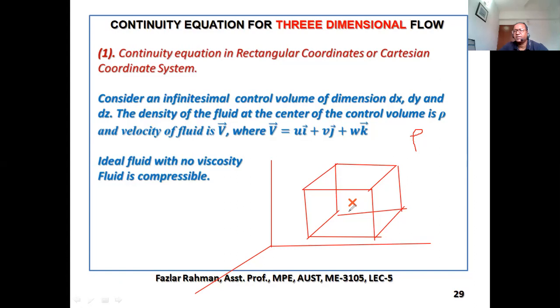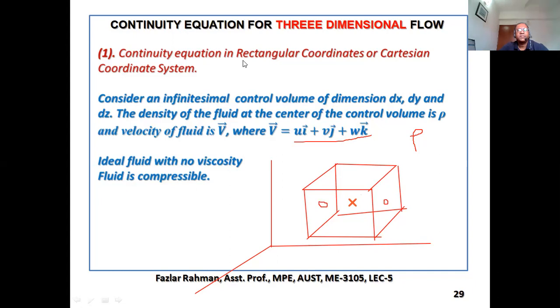We can figure it out easily, right? We find the volume, dx dy dz, multiplied by rho, and you get the mass. If the velocity of the fluid element at the center of the control volume is this, then rho at the boundary is not the same as at the center.